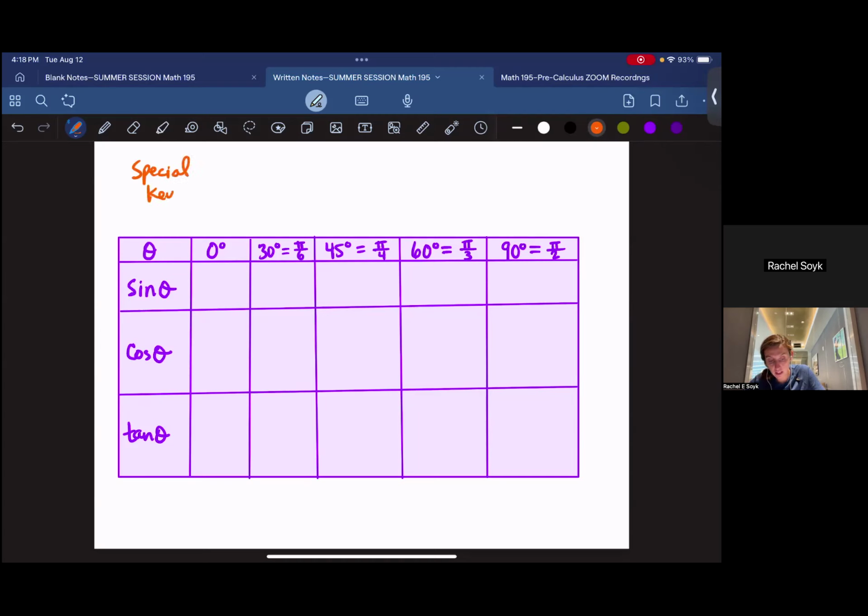Now, the next thing that you need to know is our special key. And our special key is what helps us fill out this whole table. It's simply the square root of n over 4, which is the same as the square root of n over the square root of 4, or you can just remember it as the square root of n over 2. But it's important to know that your n value starts at 0 and then goes up incrementally by 1 until 4.